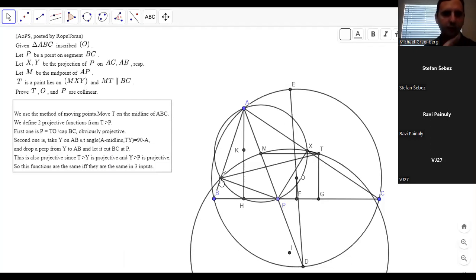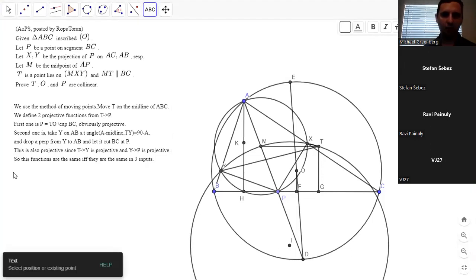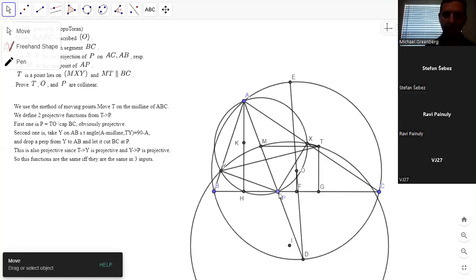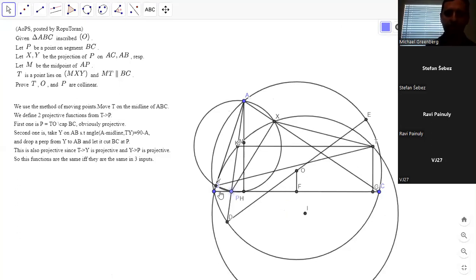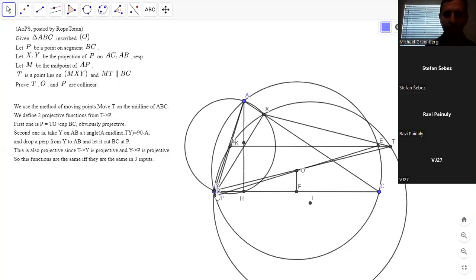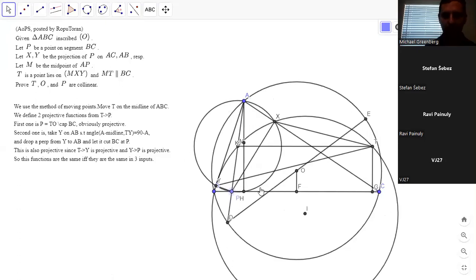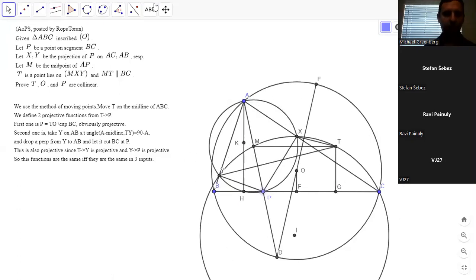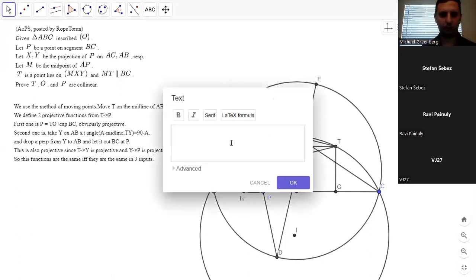So from T to Y, it's projective, and Y to P is projective. Okay. And then first I'll say it's easy to see that the problem is true if P equals B or P equals C. I'll just write this out quick.